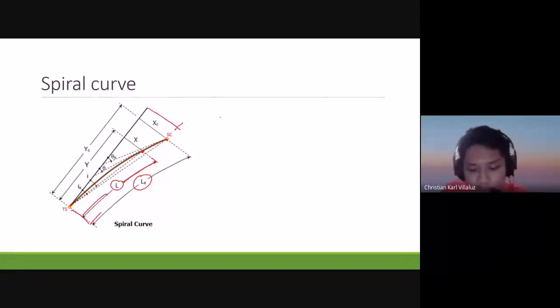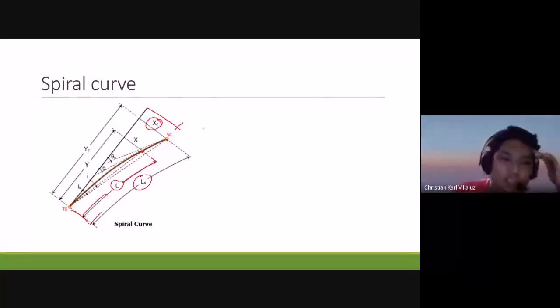Okay, the offset distance is measured from the tangent, perpendicular to the tangent, to the point ng SC. Now, this is XC, or the offset distance from TS to SC, or from tangent to SC. And meron din tayong YC, or the distance along the tangent, from TS to SC.